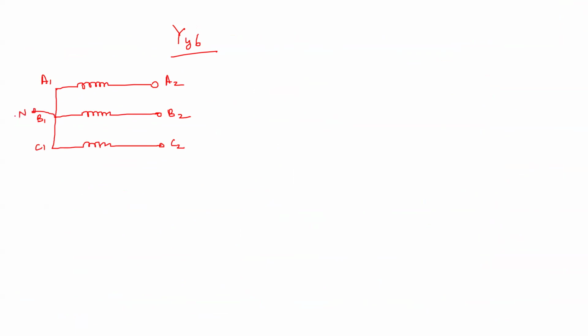Now here these are the dots like this. So let us see what is what. This is B1, C1, and this is A2, B2, C2.